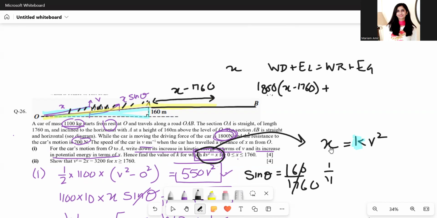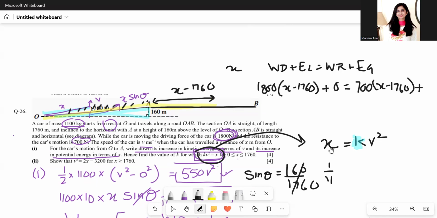I think that's still going to be zero because it's a horizontal line. The potential energy will not increase or decrease here, so that's just zero. This is equal to work done by resisting force, which is the resistance times distance, which is x minus 1760.